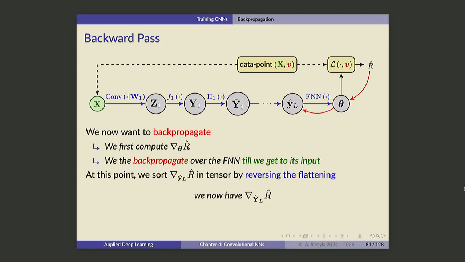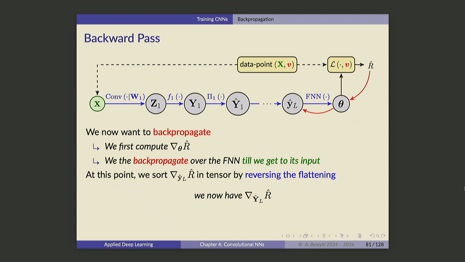And at the end of the day, I am going to get this gradient with respect to the very input of the MLP, and I can resort it in the form of the convolutional output that I had. Everybody's cool? So for instance, say at the very end of my last convolutional layer I had a 2x2 map.